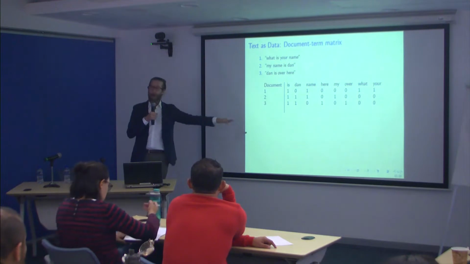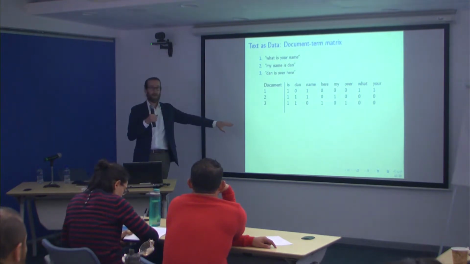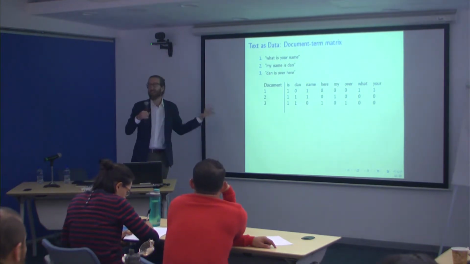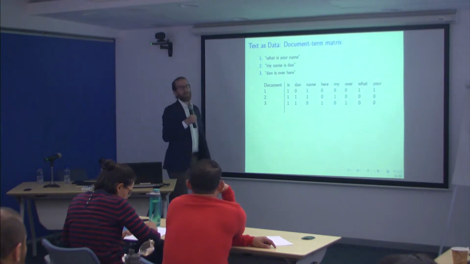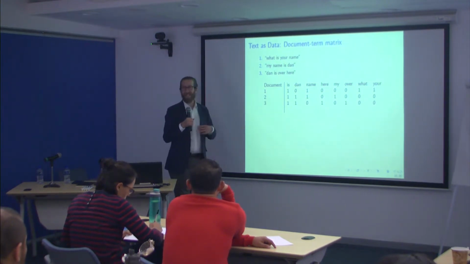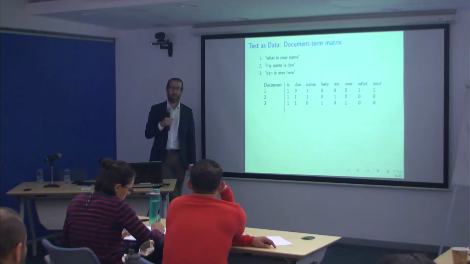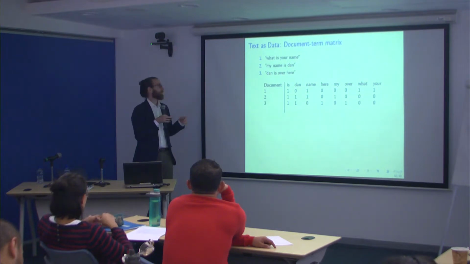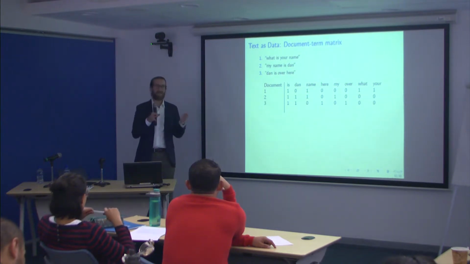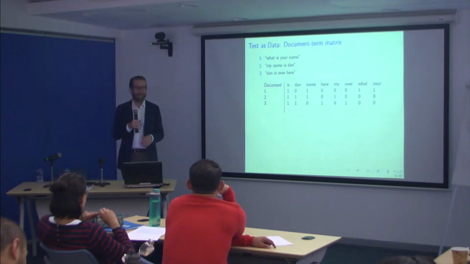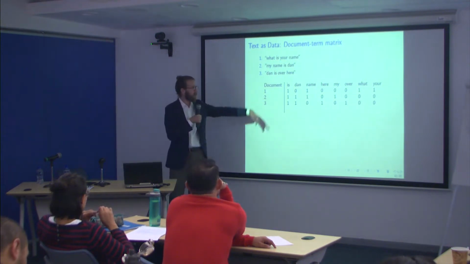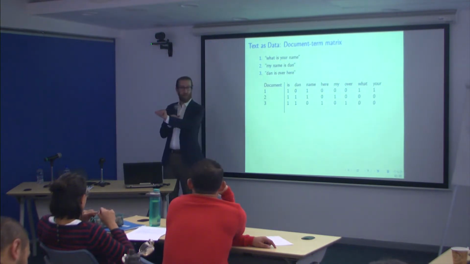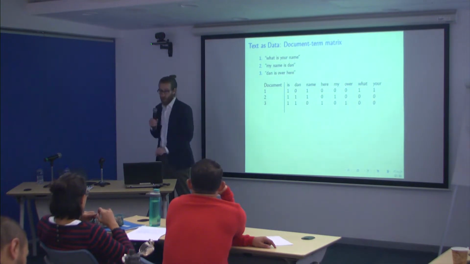Like, I'm going to dump out all words that don't appear more than 10 times or something like that. Or I'm going to require that a word appear in at least 1% of my documents to include it. And then you usually reduce your data set to manageable size. So, maybe 3,000 columns instead of millions and millions of columns. And the columns are just zeros and ones. For every document, which words appear, which words don't appear.